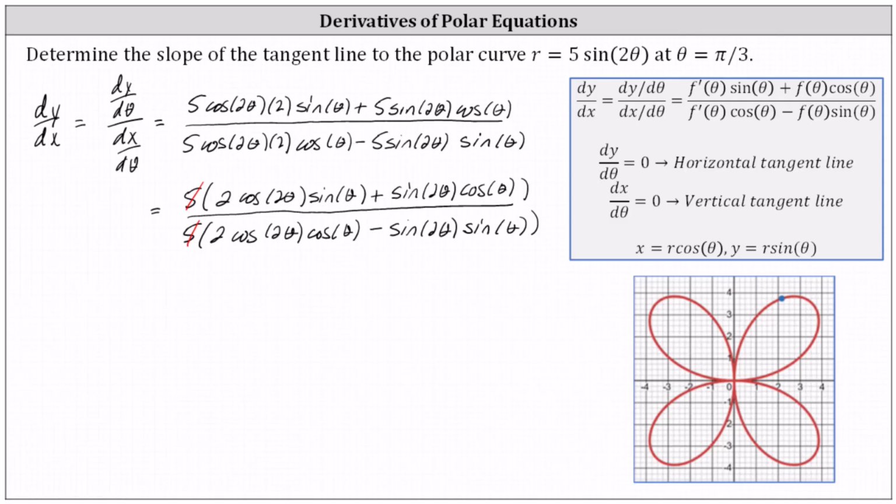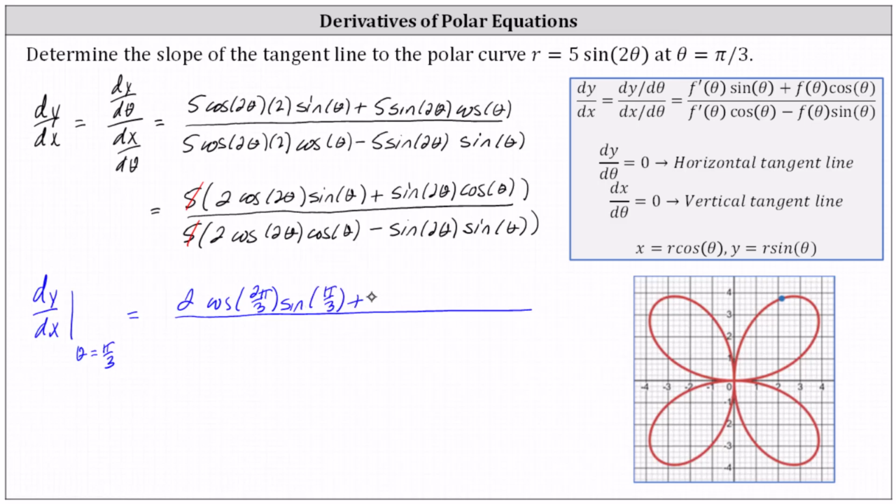And now we'll evaluate dy/dx at theta equals pi divided by 3 to determine the slope of the tangent line. When replacing theta with pi divided by 3, notice 2 theta will be 2 pi divided by 3, and of course theta will be pi divided by 3. So dy/dx at theta equals pi divided by 3 is equal to 2 times cosine of 2 pi divided by 3 times sine pi divided by 3 plus sine 2 pi divided by 3 cosine pi divided by 3.